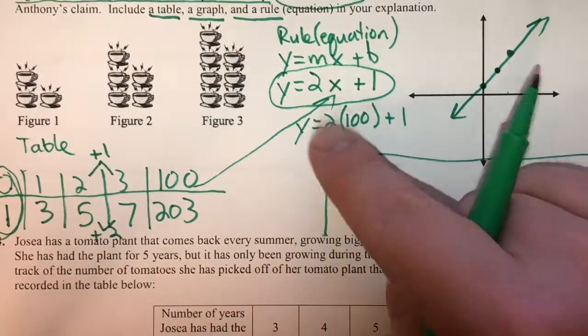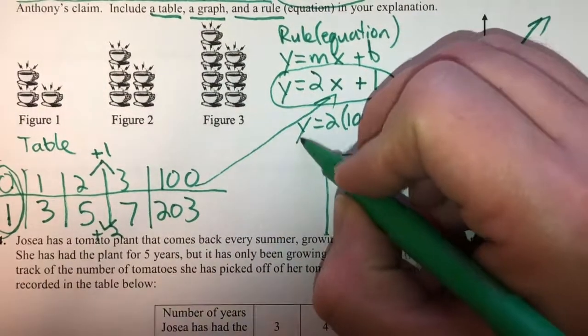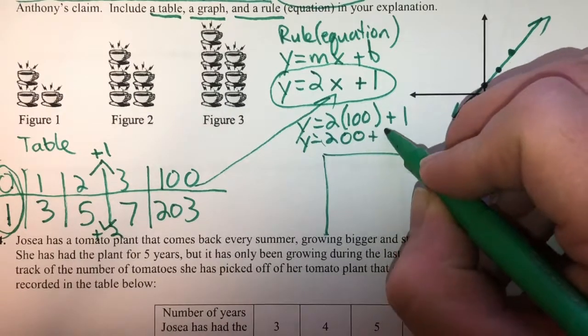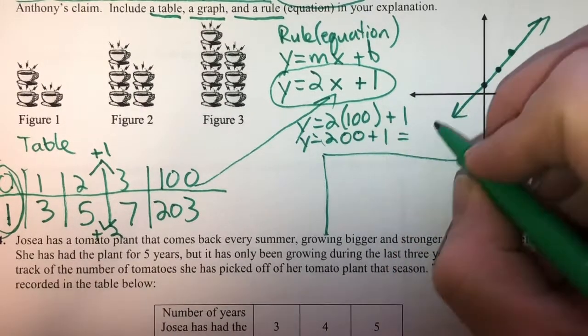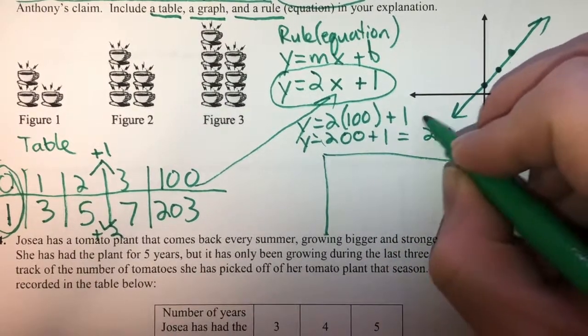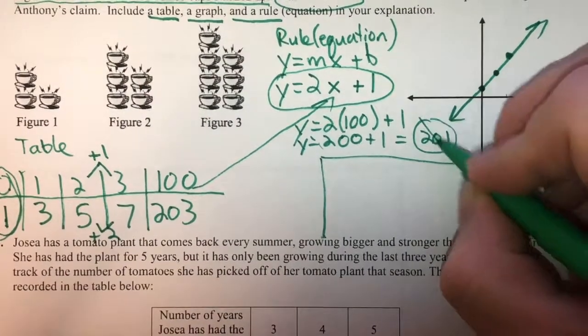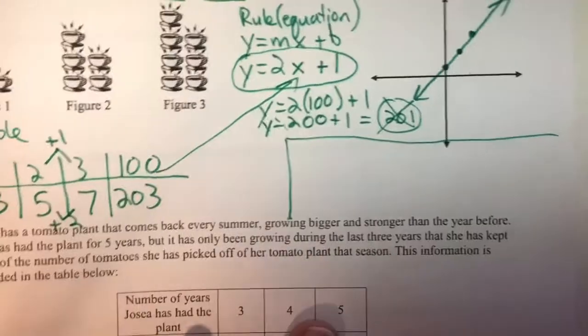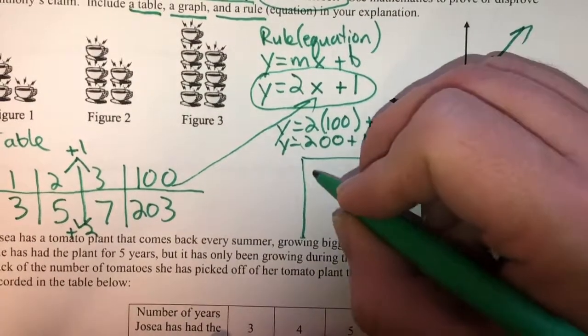So I just do the math here. 2 times 100 gives me 200. And if I take the 200 and I add 1, what does that give us? That gives us 201. And that's not what he said it was. He said it was 203. So we have to answer that question.